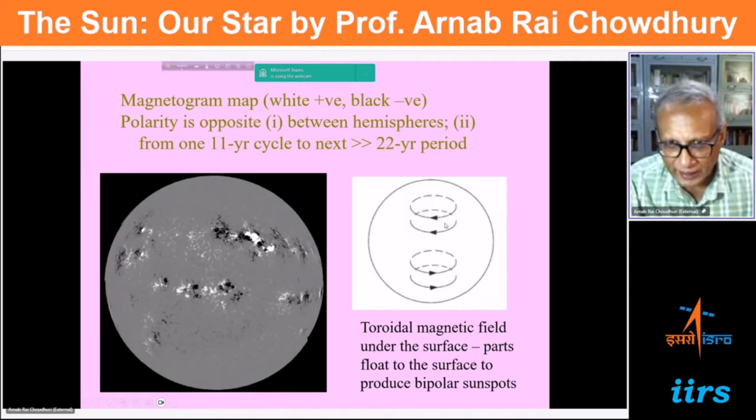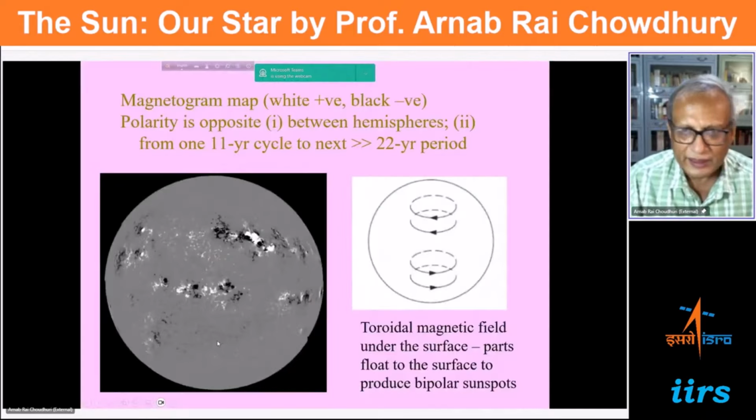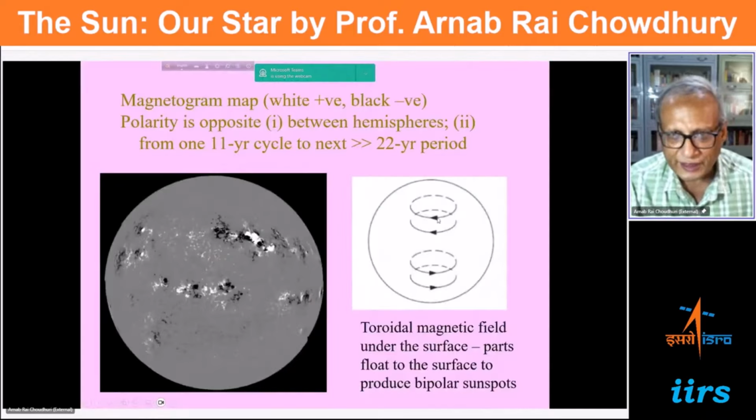If parts of this toroidal field were to float up to the surface exactly as indicated in this image, then you can easily convince yourself that you would get a distribution of magnetic fields in bipolar sunspots exactly as you see in this magnetogram map.